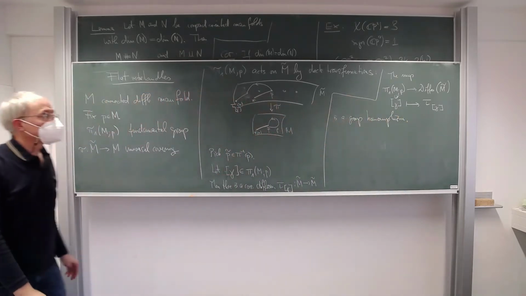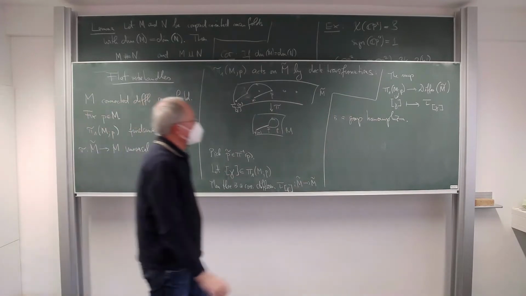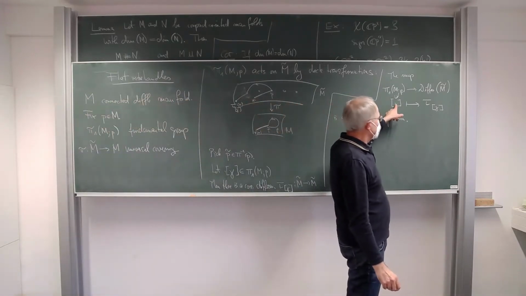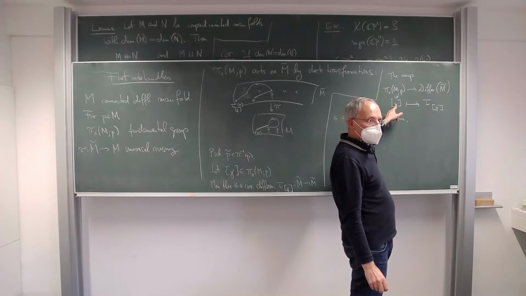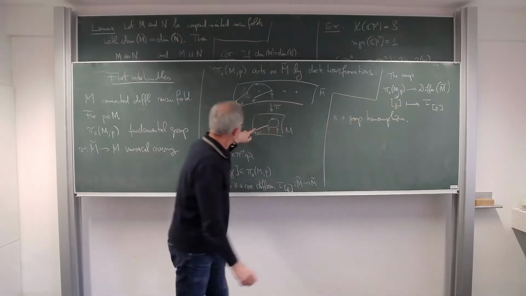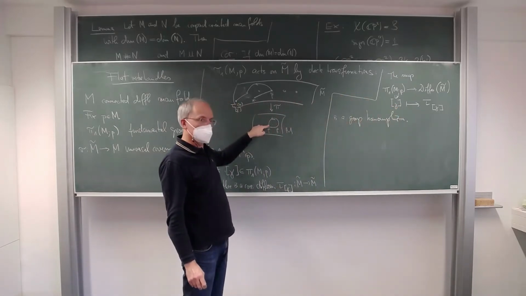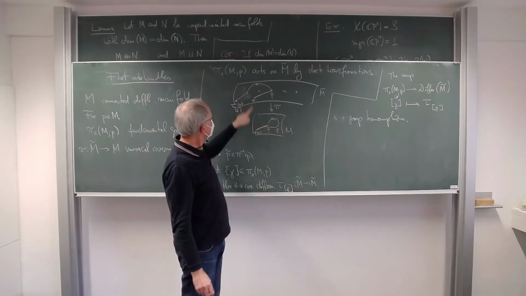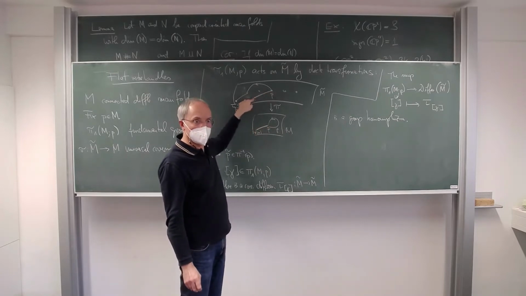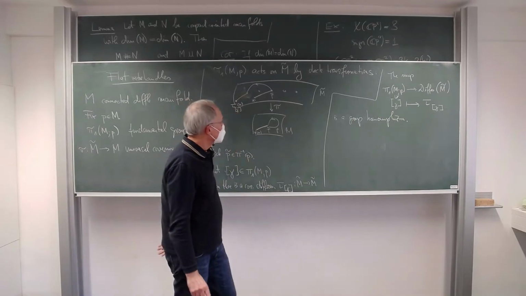That's easy to see. Why? Well, if you have the trivial element here, then this can be represented by the constant loop. So you go here, you don't do anything, and you go back. If you lift that, you go here, don't do anything, and go back. So this gives you the identity.